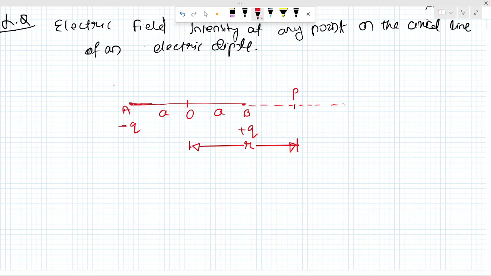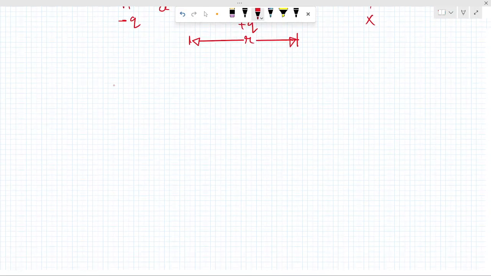And this one, let's take it as the x-axis. Let us consider an electric dipole AB formed by two charges minus q and plus q having dipole length 2a. You will have to write it like this so that you can get full marks in a long question.